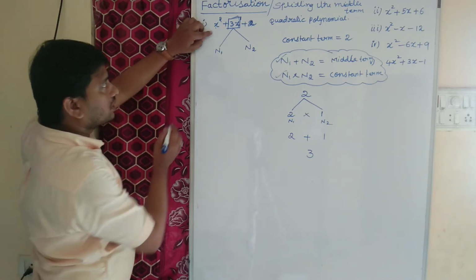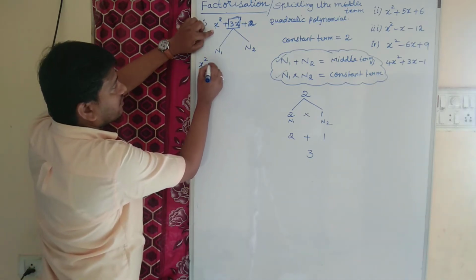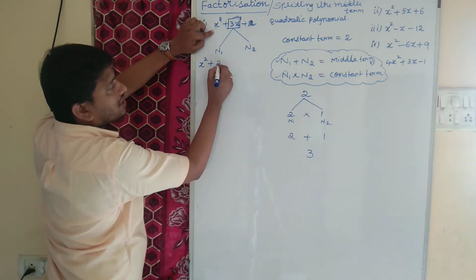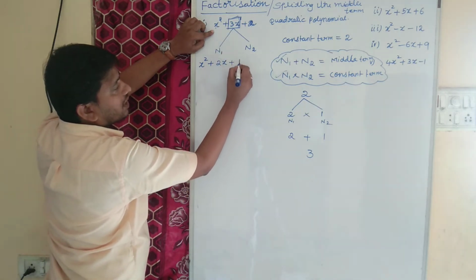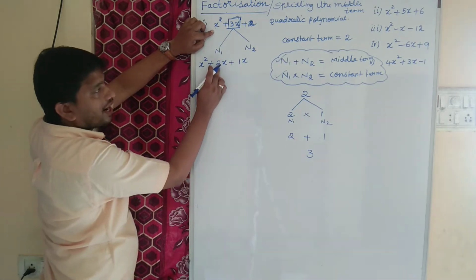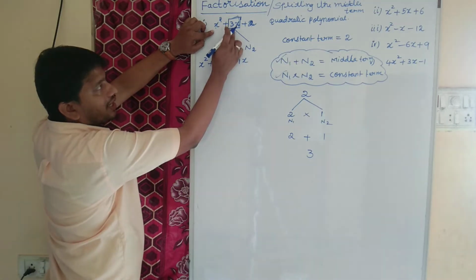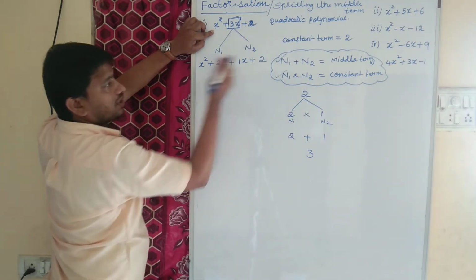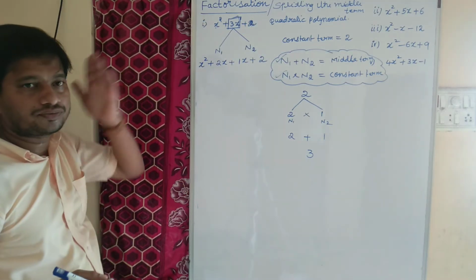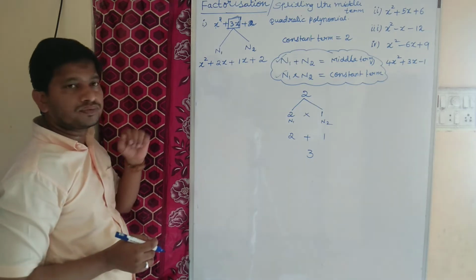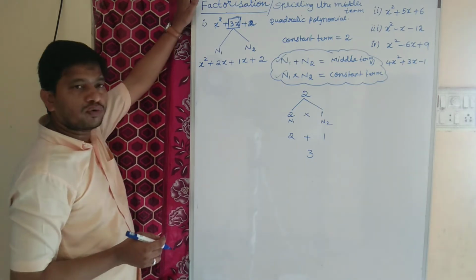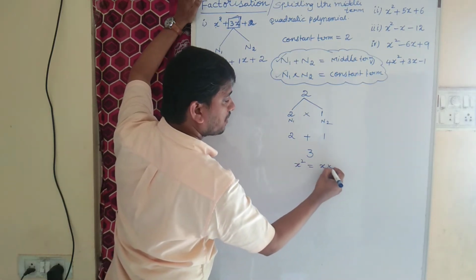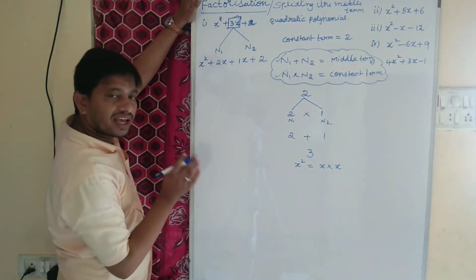Children, if you observe here, I can write x square plus 3x as x square plus 2x plus 1x plus the constant term 2. Now listen carefully. What is the meaning of x square? x square means x multiplied 2 times, x into x.